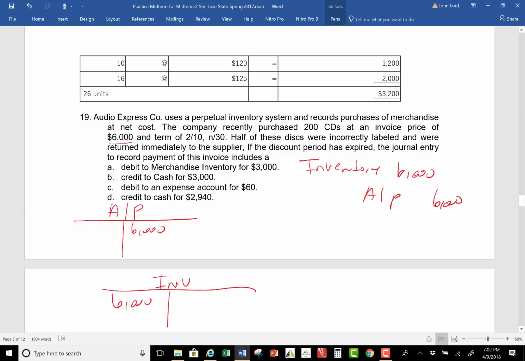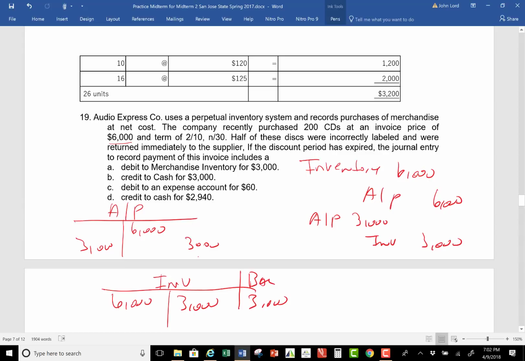Okay. Then they tell me that half of the discs were incorrectly labeled and were returned immediately. So we're going to do what? Half of that: debit accounts payable 3,000, credit inventory for half. And when I do this, the inventory balance comes back to 3,000. The accounts payable balance comes down to 3,000, right?